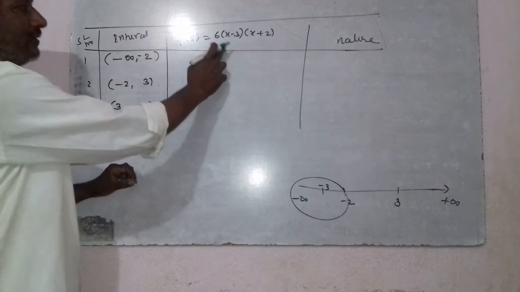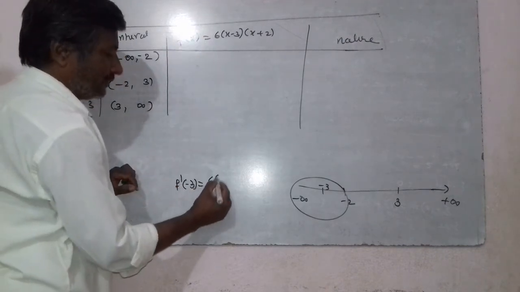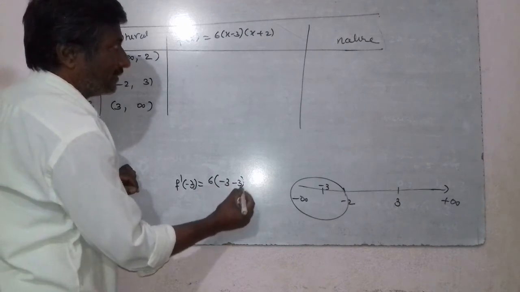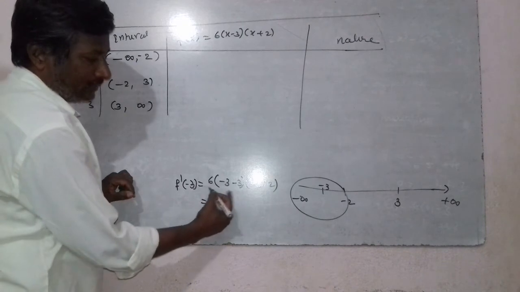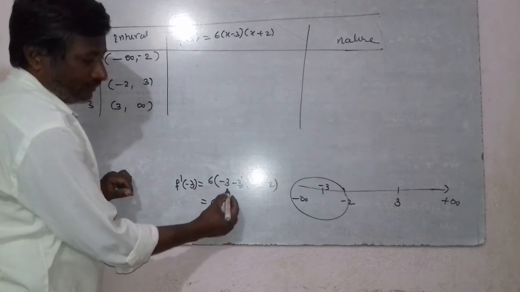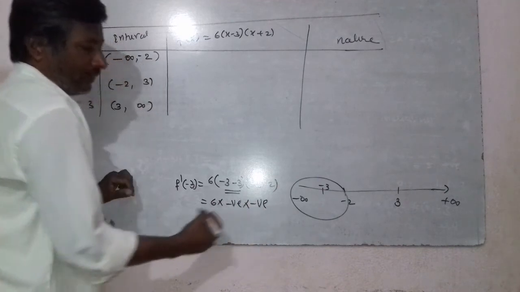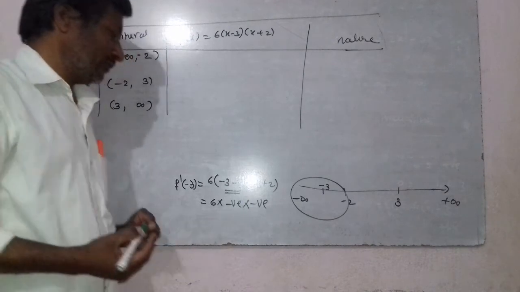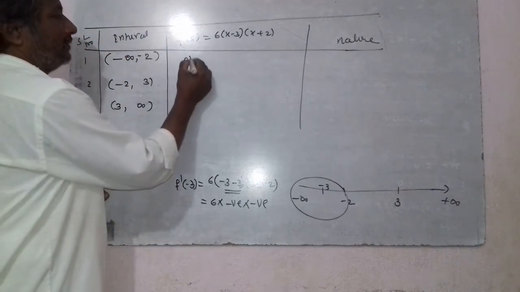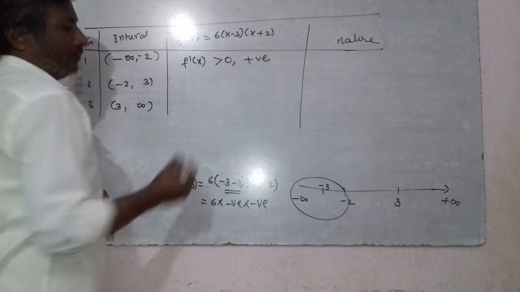If we put minus 3 here, f dash of minus 3 is 6 into minus 3 minus 3, minus 3 plus 2. So this one is negative, this one is negative. Negative into negative is positive. So f dash x is greater than 0, positive.